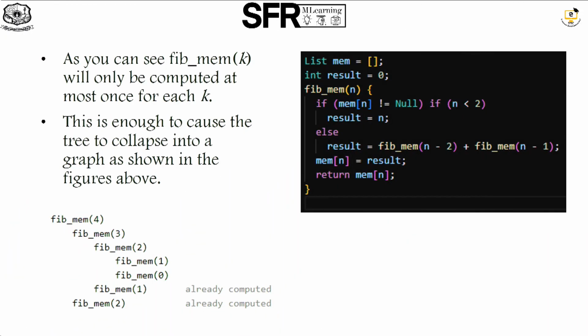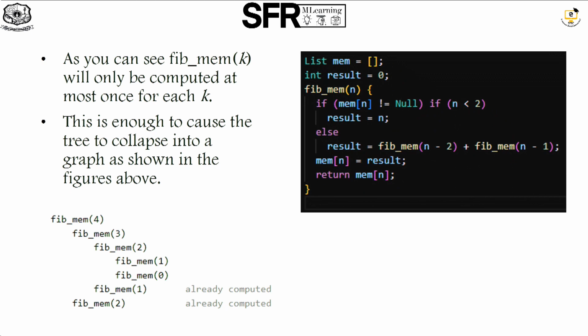So, this is a sample Python program. Here, first I declared a list for memory, mem, which is a list type, and defined a function fib of mem within the brackets n.